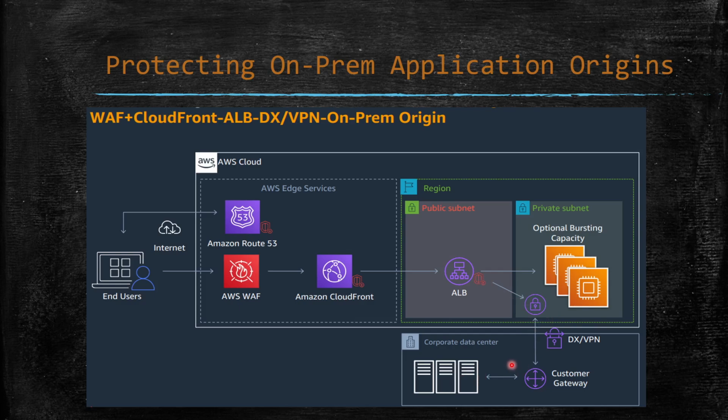So the request will be forwarded, and there is some bursting capacity. If you want to scale the number of requests through the cloud application, you can divert the traffic from the ALB to another instance.